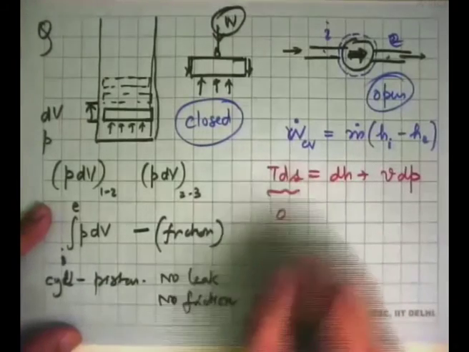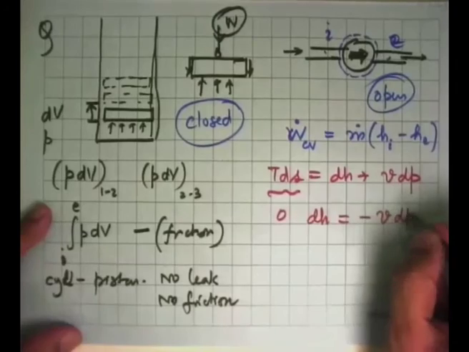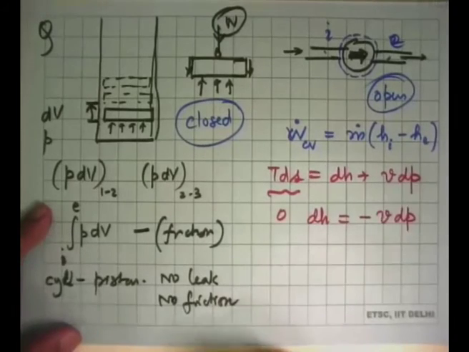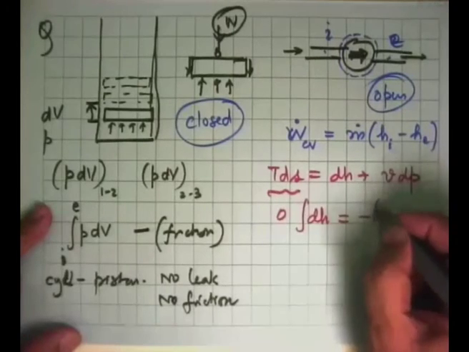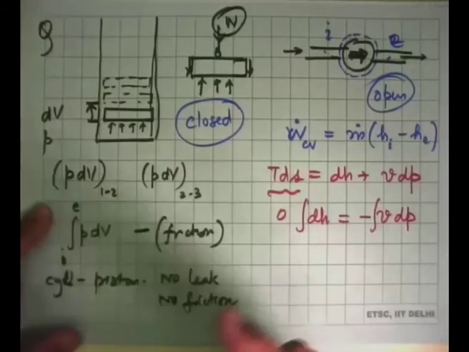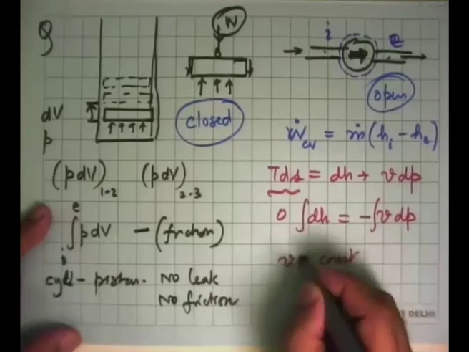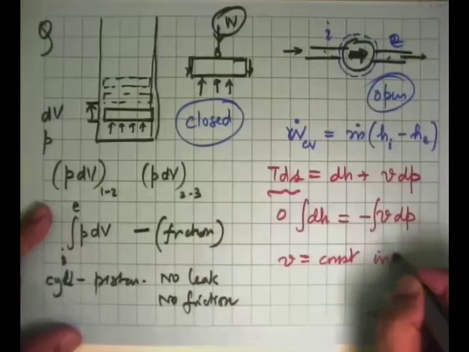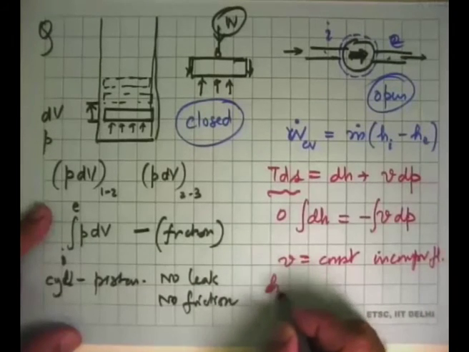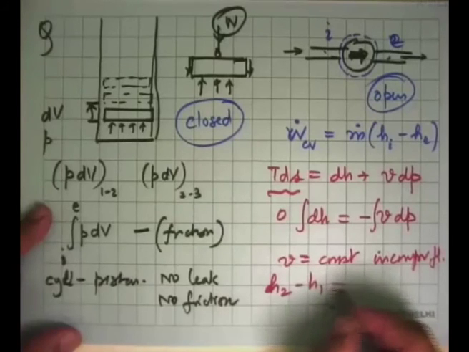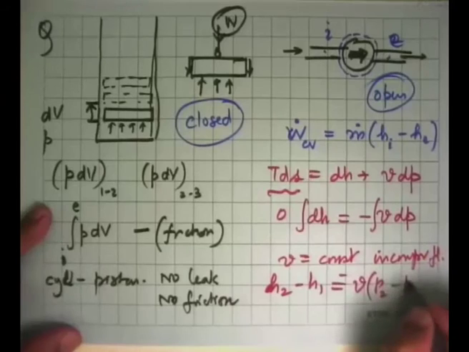So this part becomes 0 and dH is VdP, and if we integrate this, you would get this one, and only in the case where V is constant, that means the fluid is incompressible, then dH becomes H2 minus H1 becomes V times P2 minus P1.